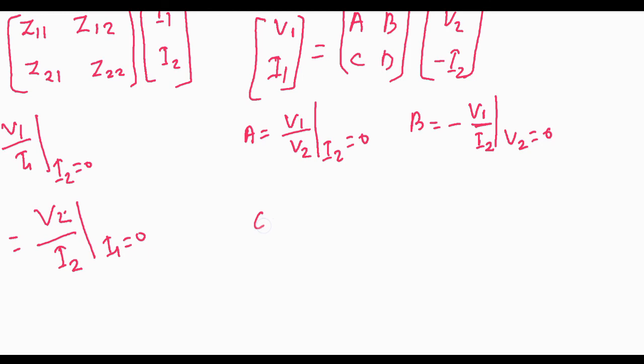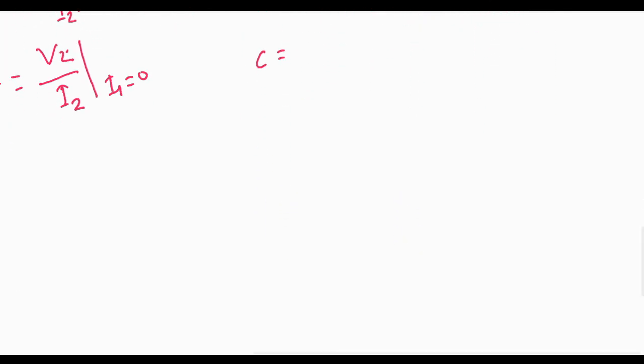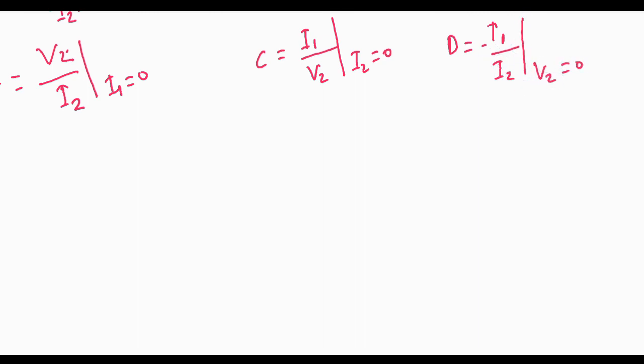Similarly, C will be equal to I1 by V2 at I2 is equal to 0, and D will be equal to minus of I1 by I2 at V2 is equal to 0. So these are the terms.